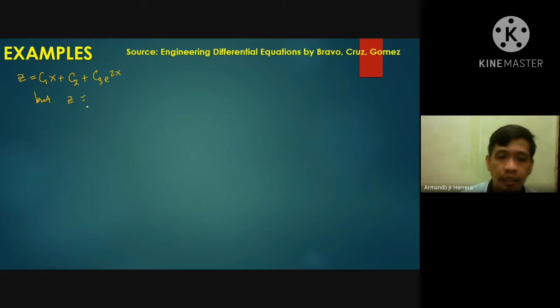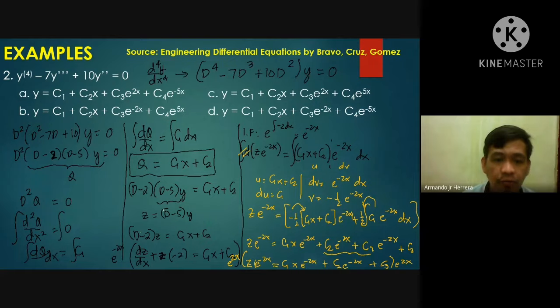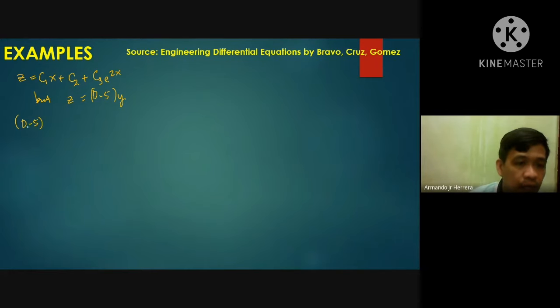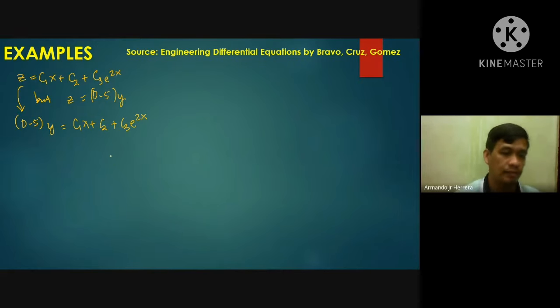z is equal to D minus 5y. So lalagay natin dito D minus 5y para ma-replace natin yung z dito, equals C1x plus C2 plus C3 e to the 2x.